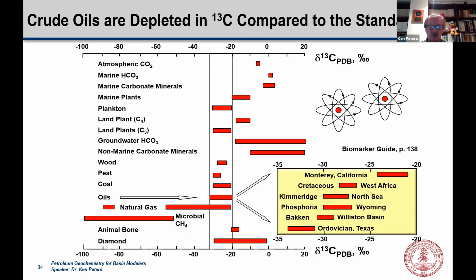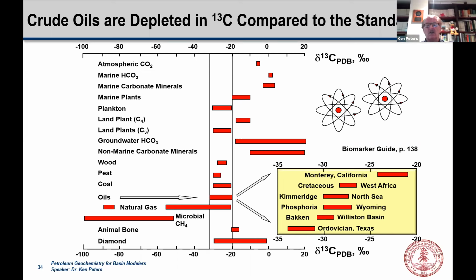These are older oils. They're more negative. Ordovician, lower Paleozoic or Precambrian oils are commonly minus 30, minus 35. As you come up this trend, you're going Phosphoria, Kimmeridge, this is Permian, Jurassic, Cretaceous. Monterey, of course, is Miocene, and it's isotopically enriched in carbon-13.